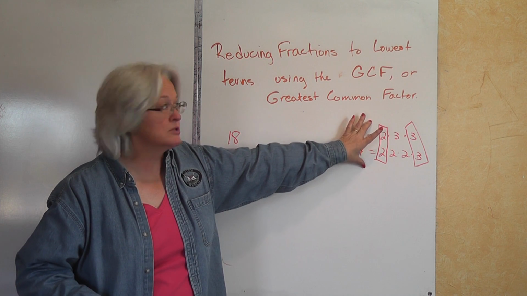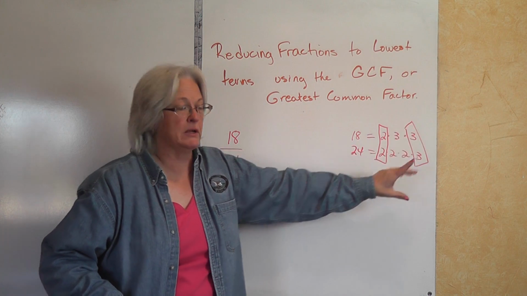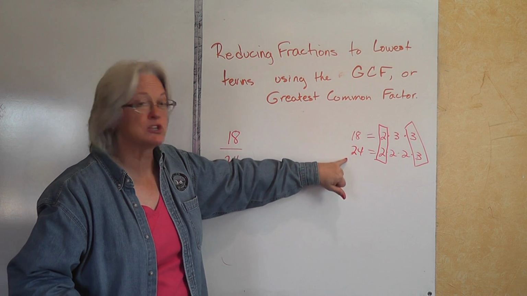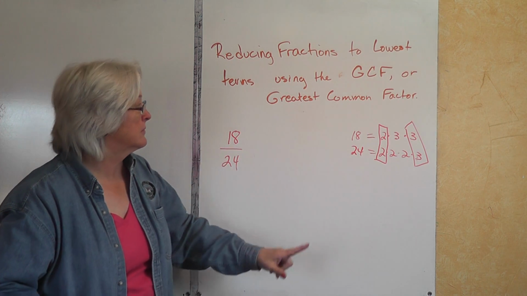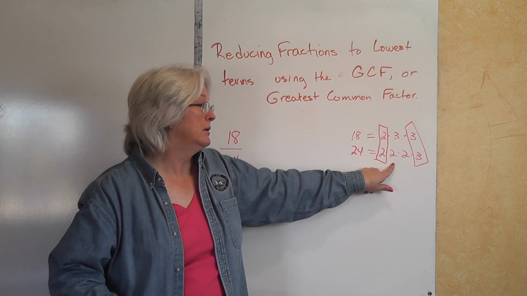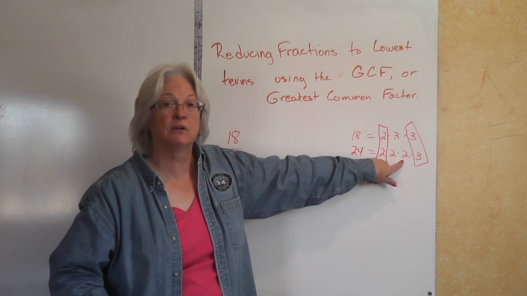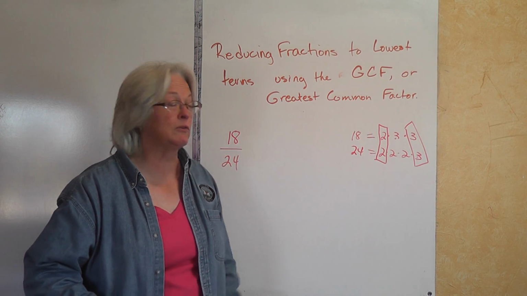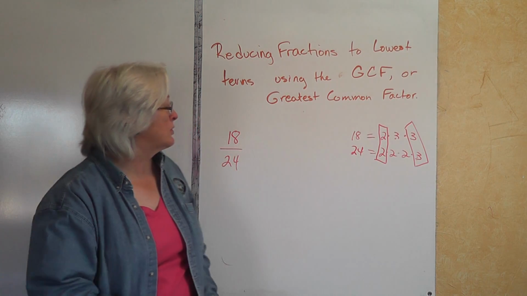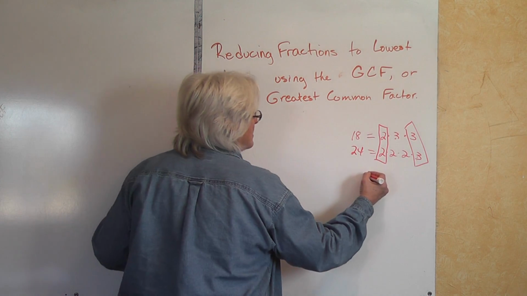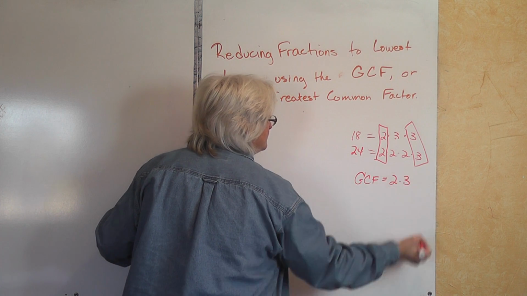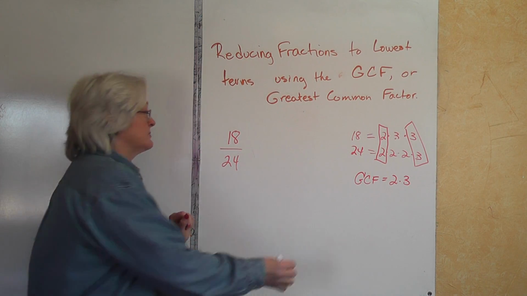We have a pair of 2's, and we have a pair of 3's, by taking one member of each pair from each separate number. We have a 3 left over as a factor in the 18. We have 2 factors of 2 down here with 24, but it can't do anything else because we only have these 2 pairs. So our greatest common factor is the product that we get when we multiply together a 2 and a 3. 2 times 3 is 6.